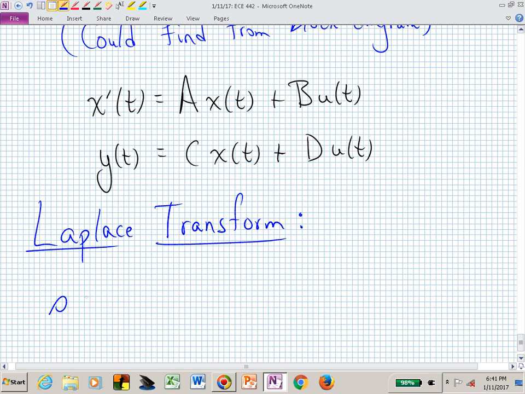Multiply by s. So now we have s capital X of s. And in general, we would need to subtract off the initial condition of that state vector, minus x of 0. Since we're dealing with the transfer function, we're going to neglect initial conditions, but let's just put it in there for completeness. What happens when we Laplace transform A x of t?